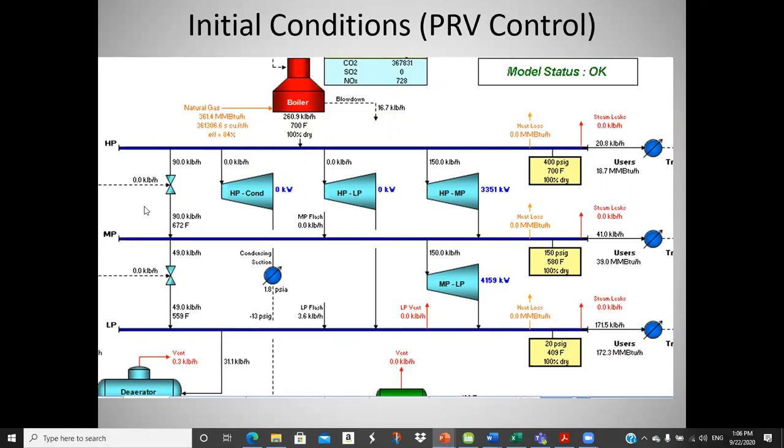So if you go into a big plant, that's one of your first questions. How much steam goes through a PRV? Because that PRV steam is lost opportunity. That's exergy destruction. I'm putting 150,000 pounds an hour through this guy and getting 3.3 megawatts.